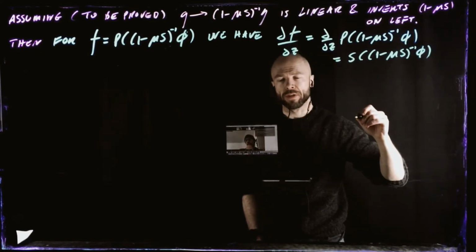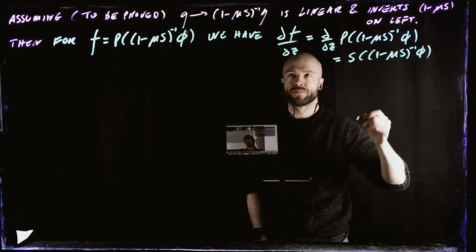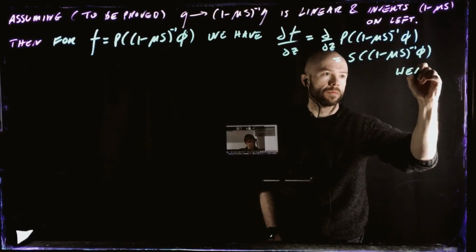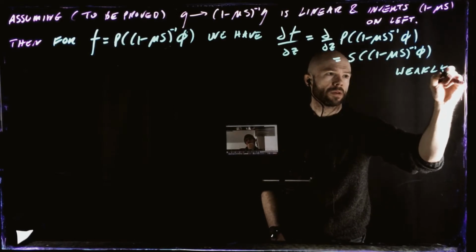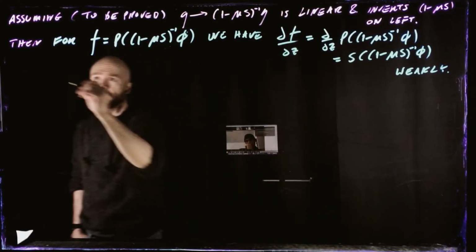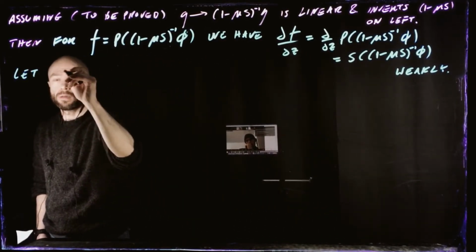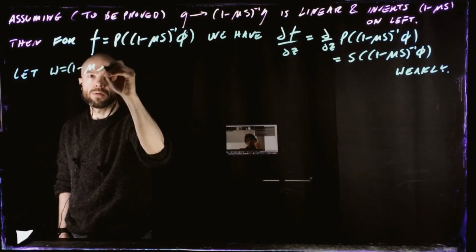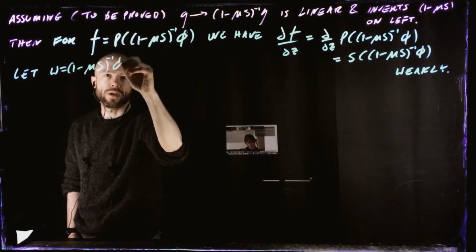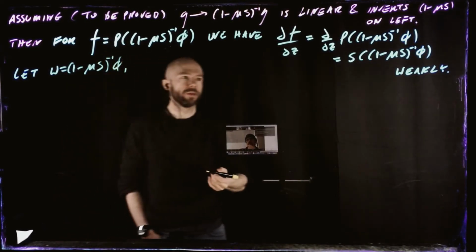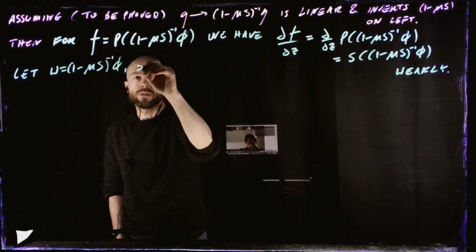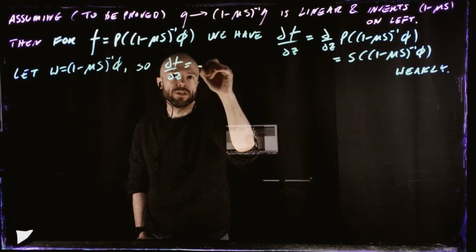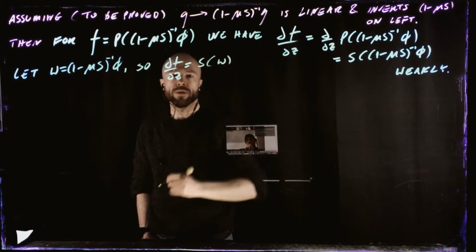Yep, that's what we learned. So weakly, let's call W this function, (1 minus mu of S) to the minus 1 of phi, which is just an LP function as far as we know. So let's write that again: df by dz is equal to S of W then.